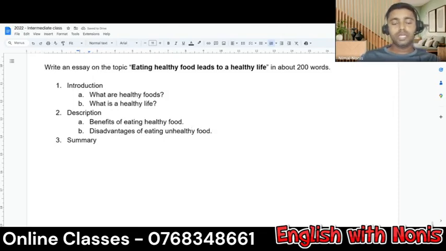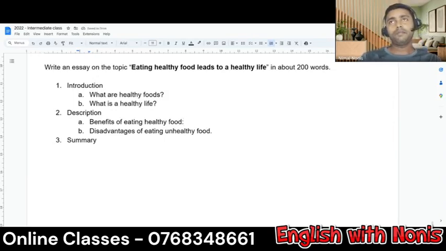So description, I said, we can have two paragraphs. One could be about benefits of eating healthy food, and the other paragraph could be about disadvantages of eating unhealthy food.